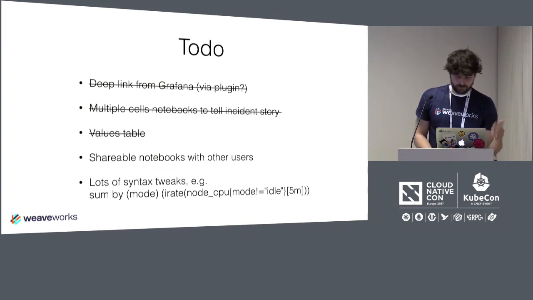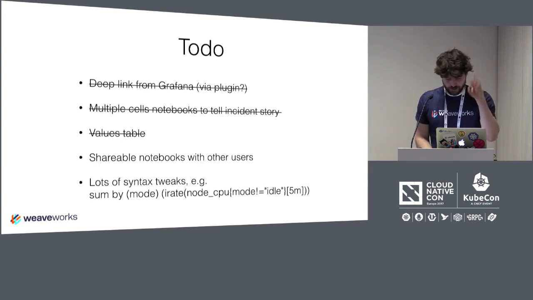And I've given a version of this talk 2 months ago, and in the meantime, we've figured out all this Grafana stuff. We got multiple cells working and multiple graphs and a values table. So the next step that we're working on, I guess next week's, will be to make them really shareable, so you can share them within your organization if you sign up with Weave Cloud.